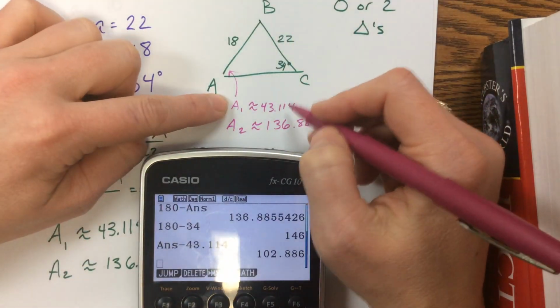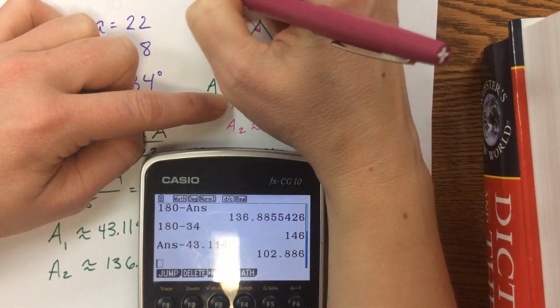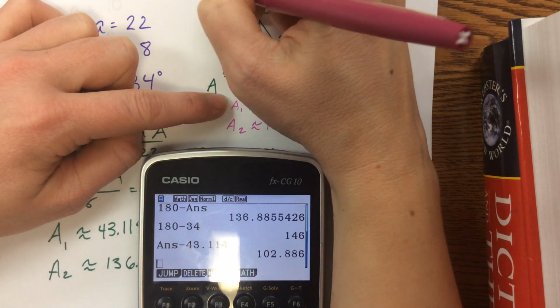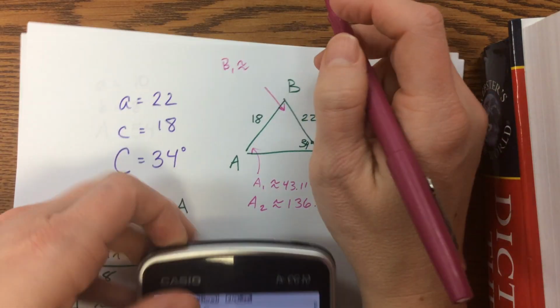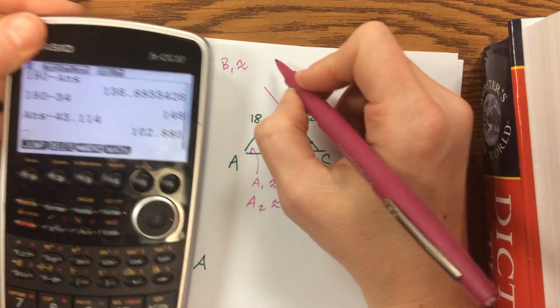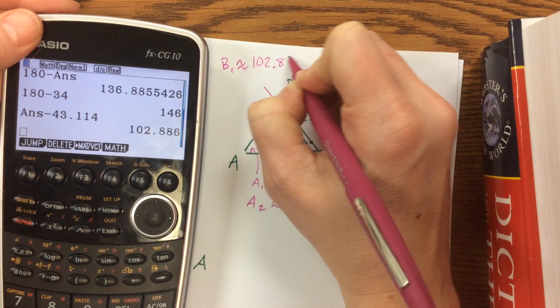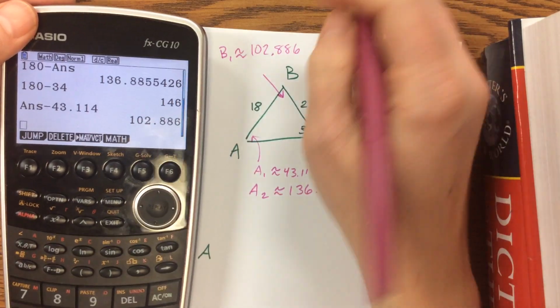So if we have A1, then the B1 that corresponds with it would be about 102.886.